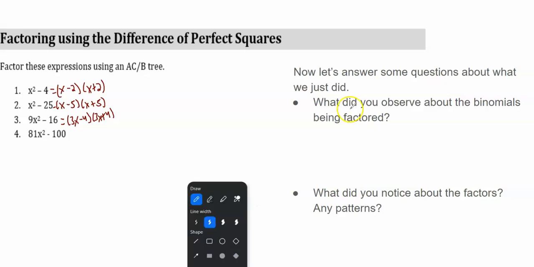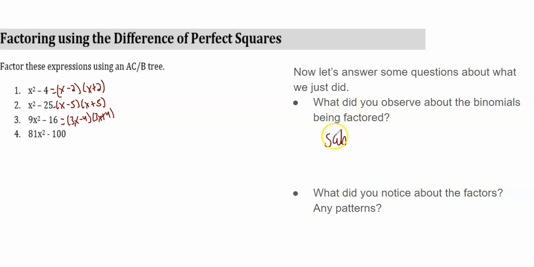There's subtraction between them. They're all two terms, or binomials. 4, 25, 16, 9, 1, and 1. All my coefficients are perfect squares.